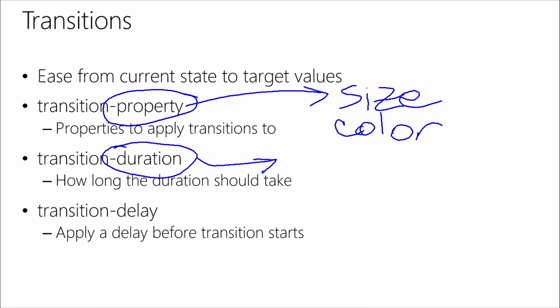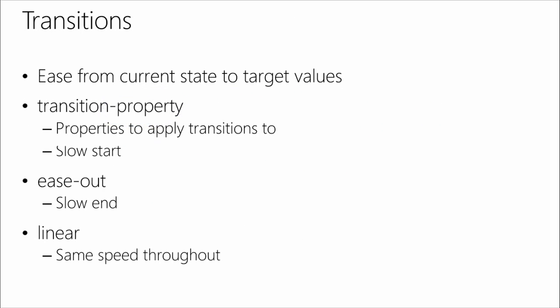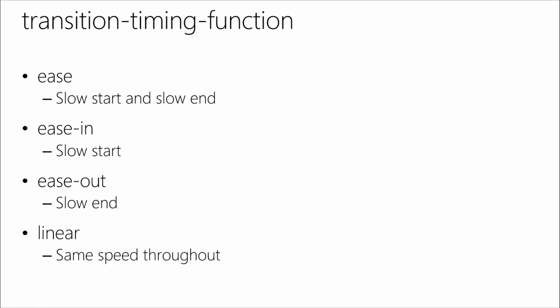And then on the duration, this is just simply how long I want it to take. That's really it. Now, the delay allows you to just incorporate a little bit of a delay. Just hold off before you go in and make that little change. And then finally, last but not least, is the timing function. And that's going to impact how it's going to kind of start, go in the middle, and then finish.